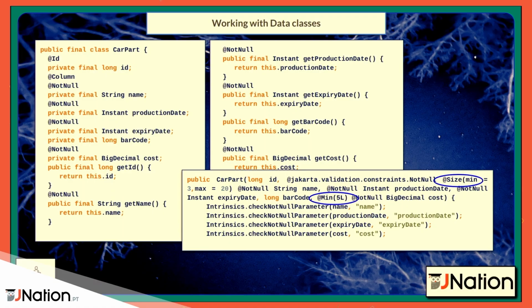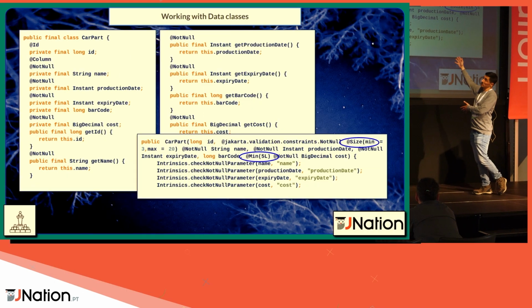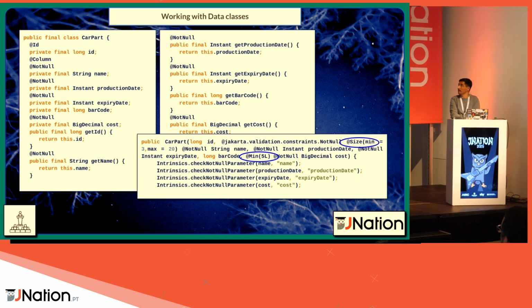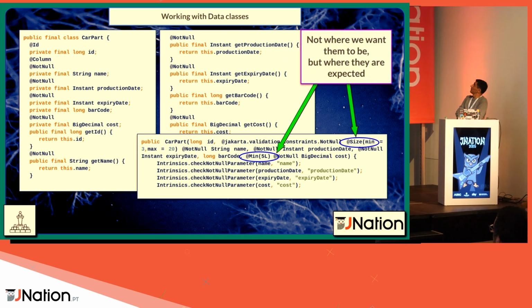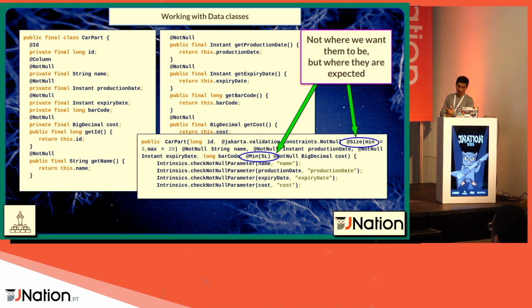So if we don't specify where we want that annotation to be applied, it will be applied in that case here. Also that is valid for min. So they are applied here at the parameter in the constructor. So this doesn't have any use in Spring, it doesn't work. But it is following that rule where we expect to find them.